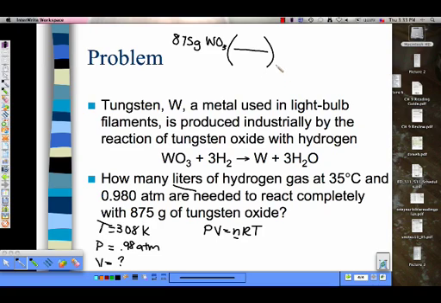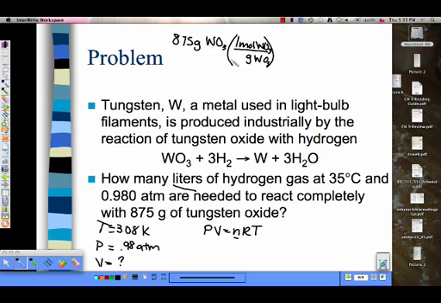We have grams of tungsten oxide on the bottom and 1 mole on top. And let's see, the mass of tungsten oxide is 183.85 plus 16 times 3, 231.85.